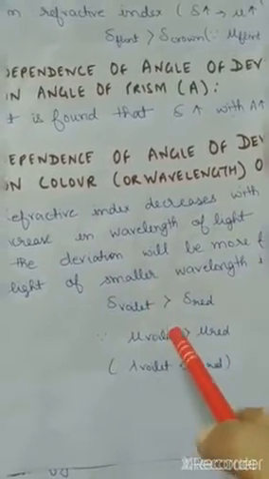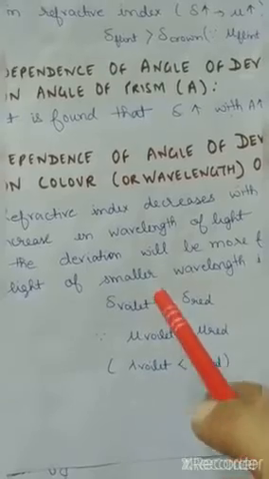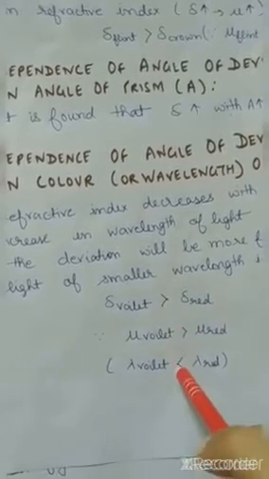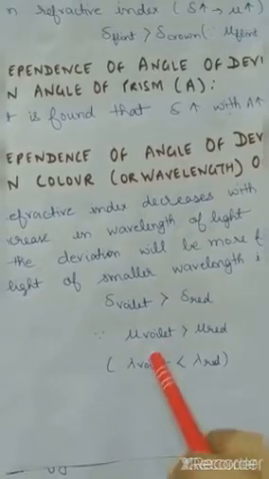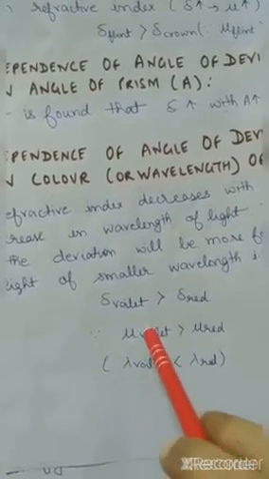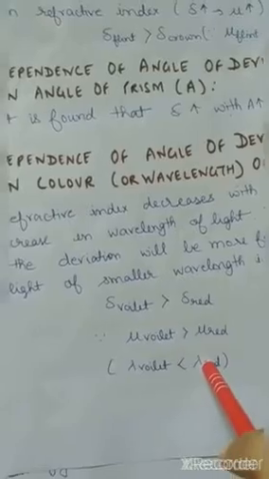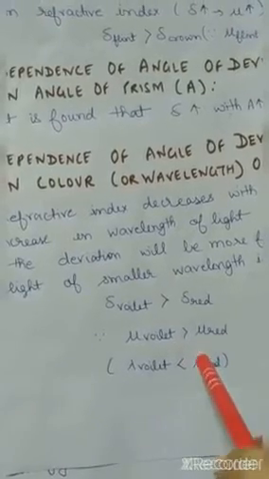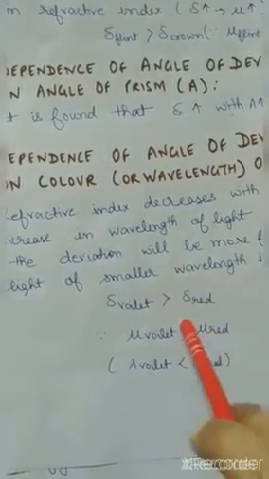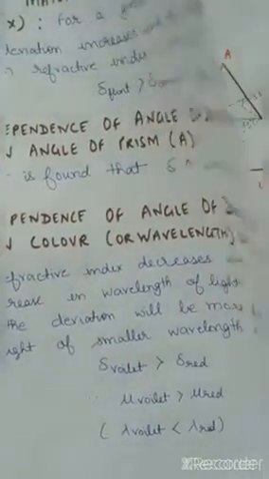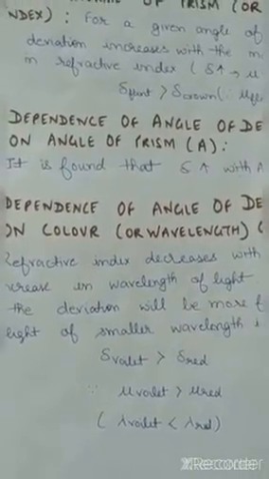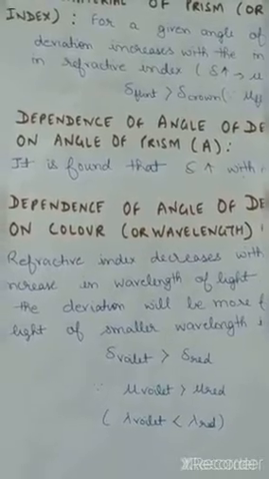When mu increases, delta increases. Now mu and wavelength have an inverse relation, we had seen. For violet color, the wavelength is minimum, so refractive index is more. Wavelength of red color is maximum, so therefore refractive index of red color is minimum. So these are the factors on which the angle of deviation depends.